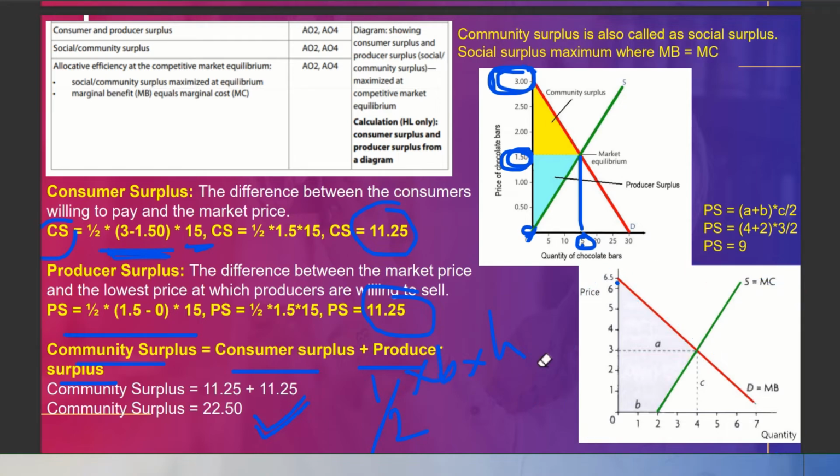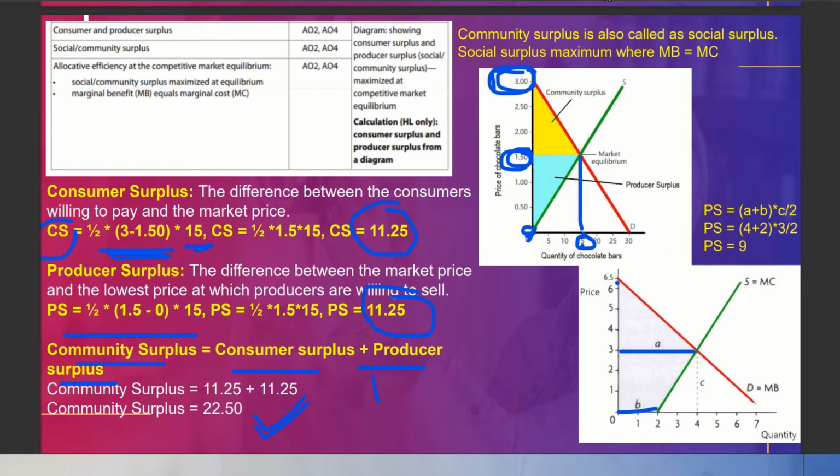To calculate the consumer surplus, you have to add this A part plus B part, so A plus B, into this C part. C is this part. A plus B into C by 2, half into A plus B into C.